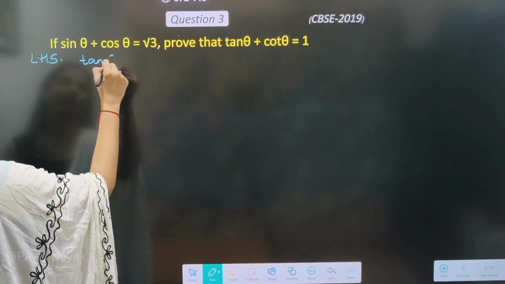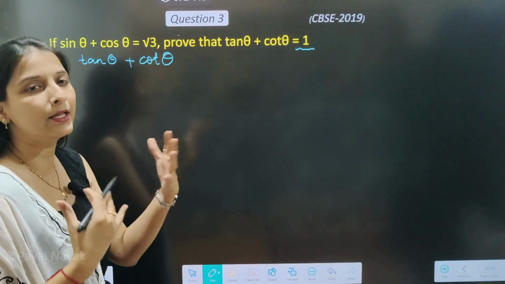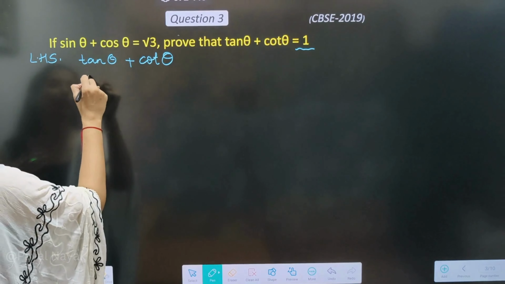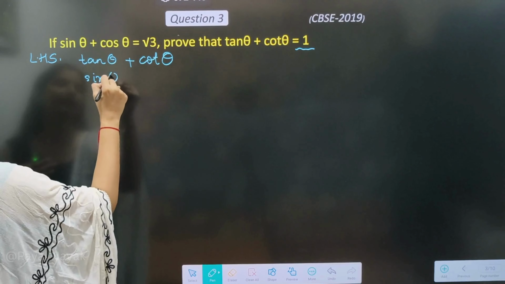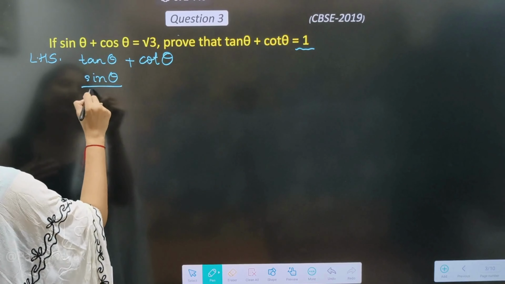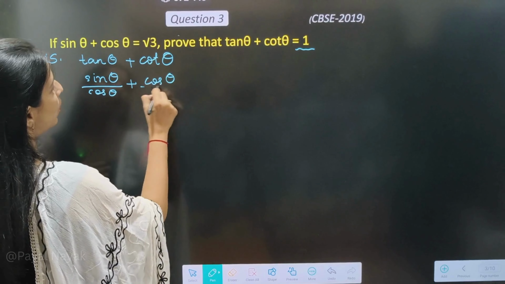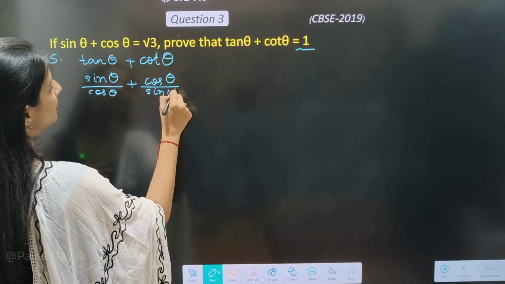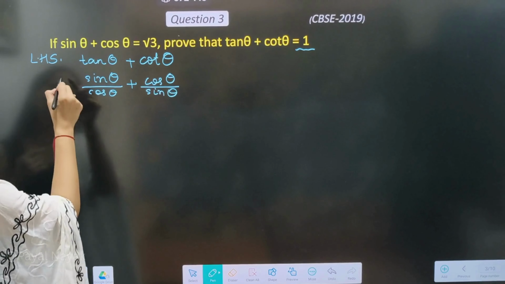Now, as I told you again, your RHS is just 1. So try to simplify it. Now tan and cot, try to convert it into sine and cos. So tan theta can be written as sine upon cos and cot can be written as cos theta upon sine theta.